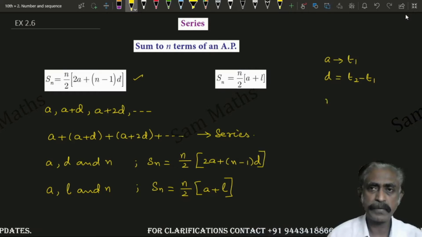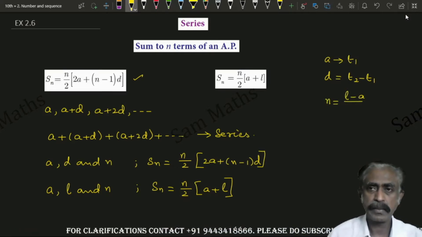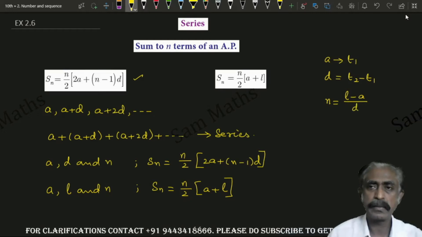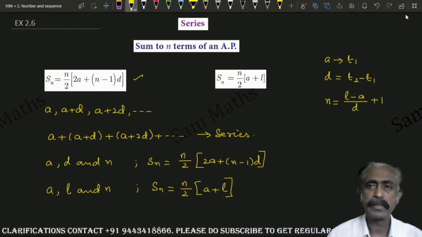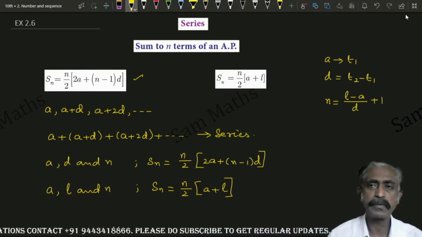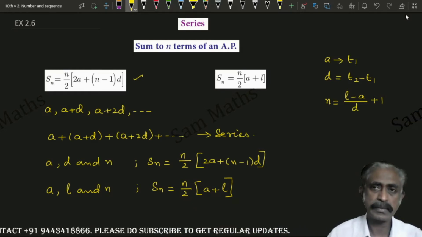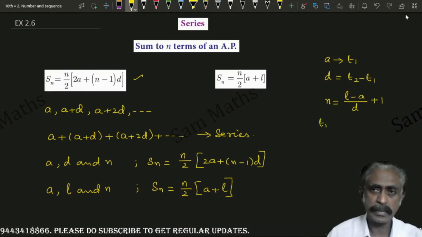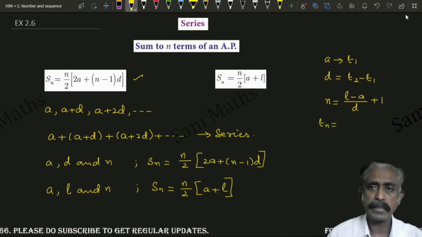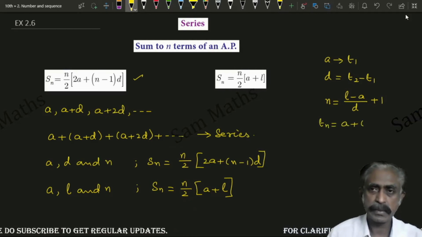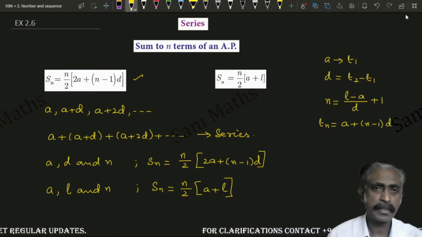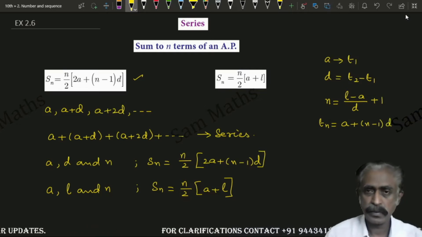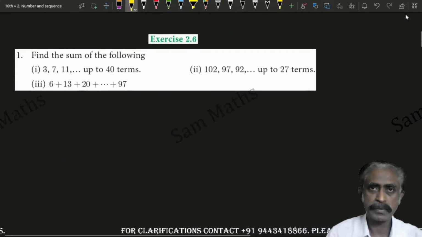Then, number of terms formula is (L minus A) divided by D, plus 1. These are the formulae you have to remember. Along with this, you recollect Tn formula. Tn is equal to A plus n minus 1 into D. Clear, children?